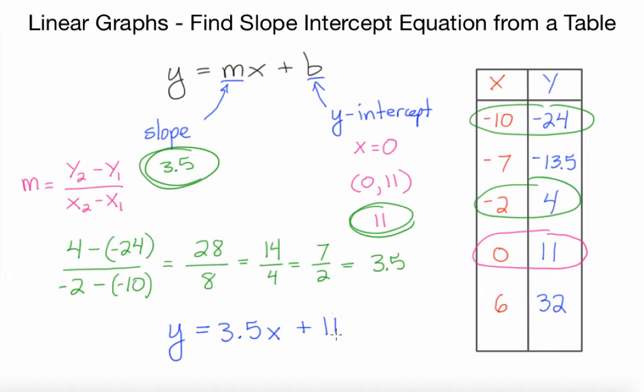That's the specific point that my line is designated to go through. There you go. There is an equation showing the relationship between x and y, and it exactly represents the relationship between x and y shown in the table of values.